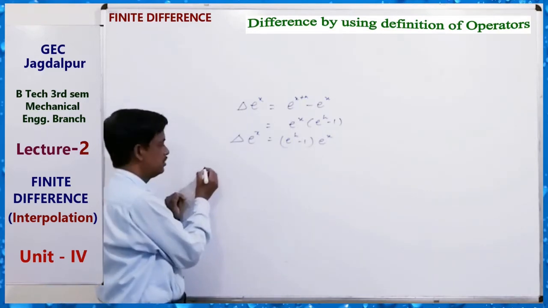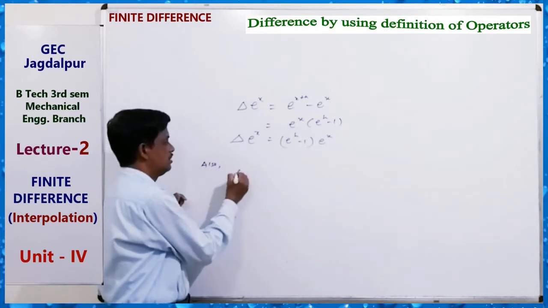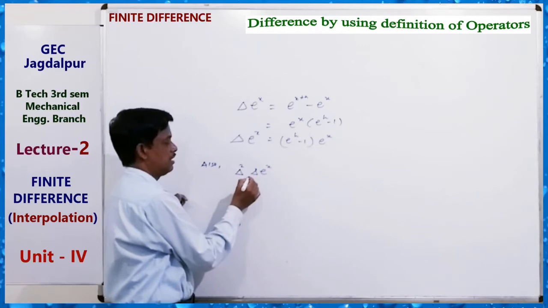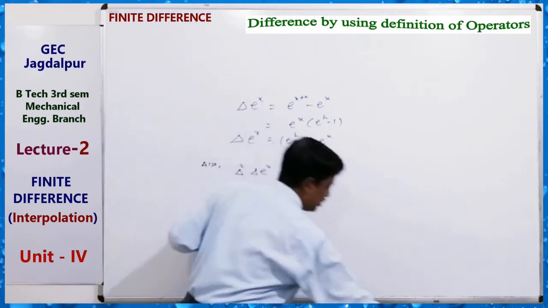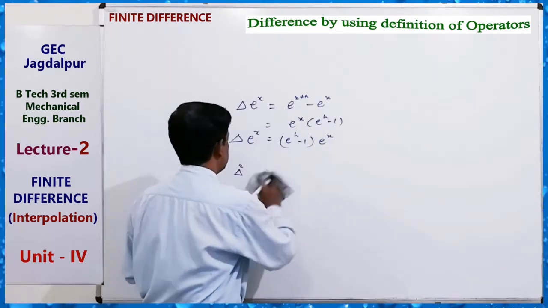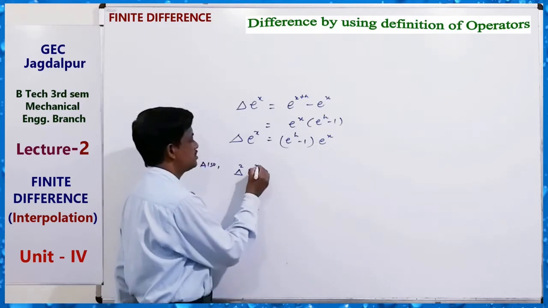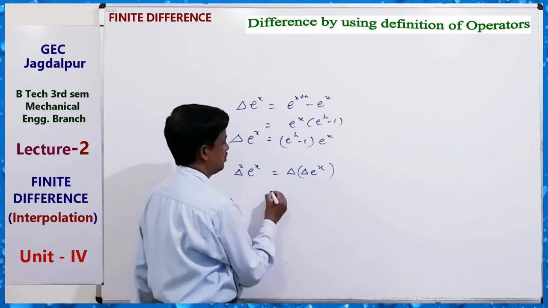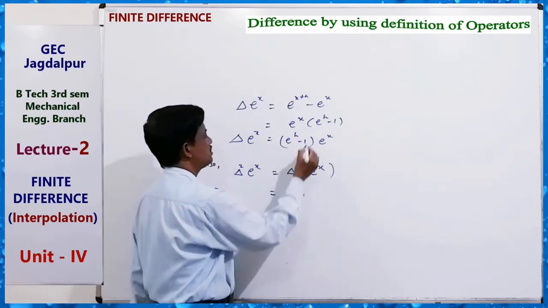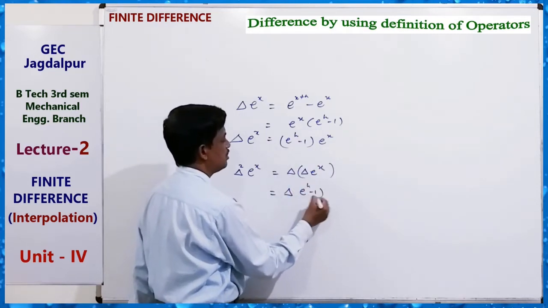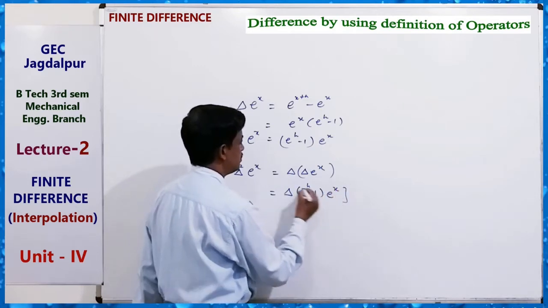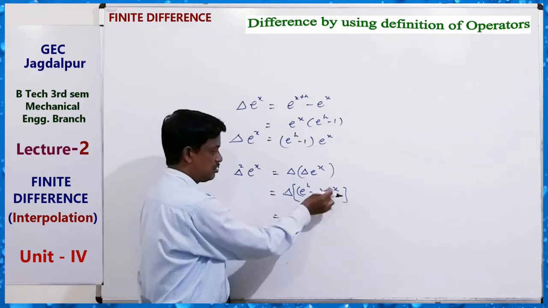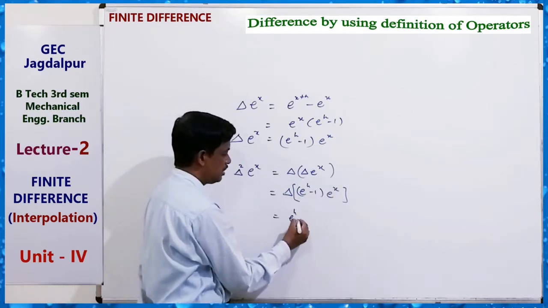This is the first difference. Also the second difference, del square e to the power x. Del square means the second difference, which will be del of del e to the power x. Del e to the power x is e to the power h minus 1 into e to the power x. This is a constant term because it is not related to x, so it can be taken outside.